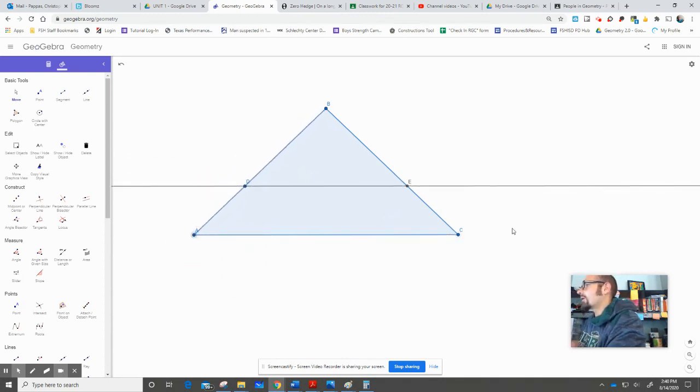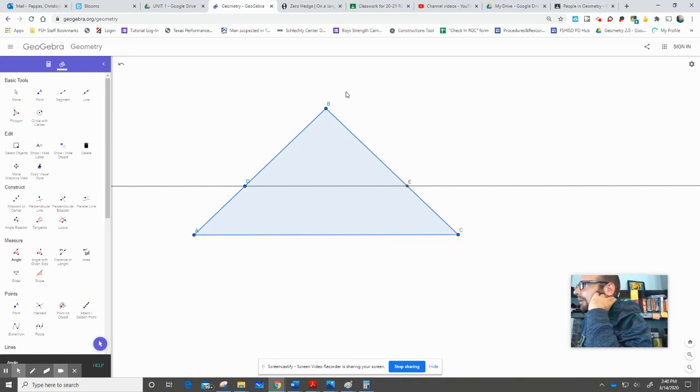Now I want to look at angles. I want to look at this angle BDE, and I also want to look at angle DAC. When we have lines that are parallel and they have the same other line that goes through, that's called a transversal. So we're going to measure the angle.